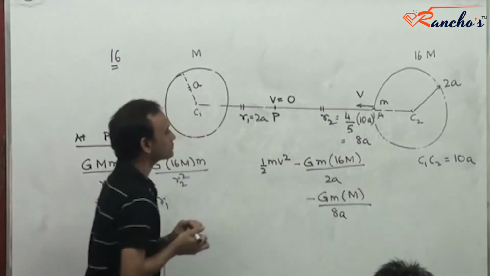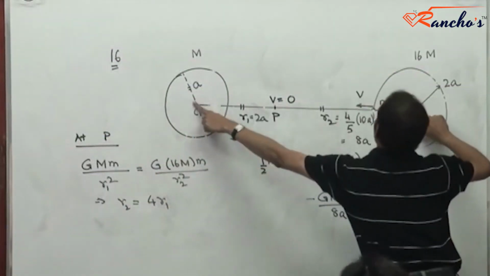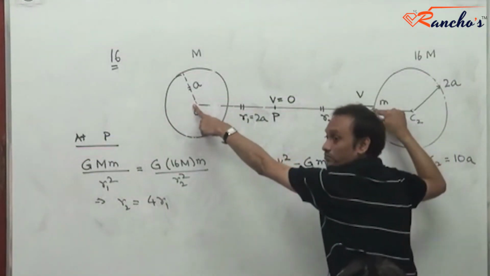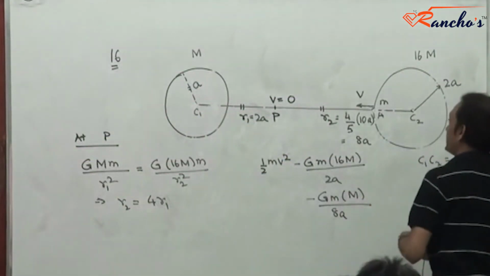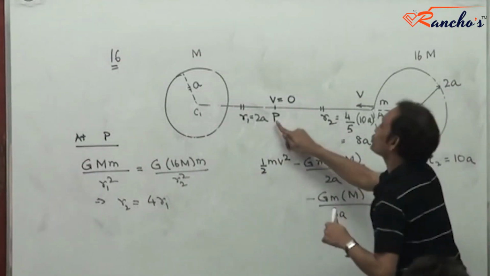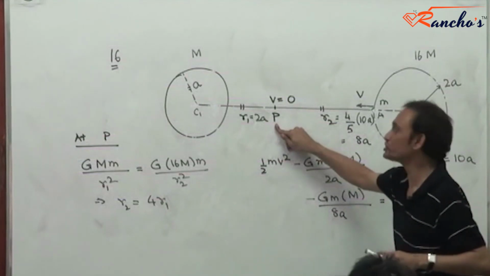I'm so sorry. So this distance is 8a from the center, and that must be equal to the total energy at this point.